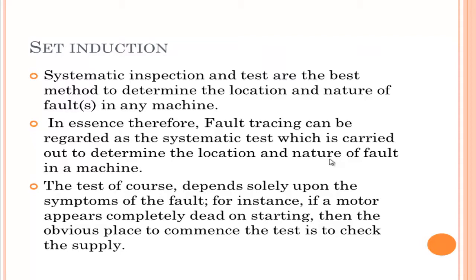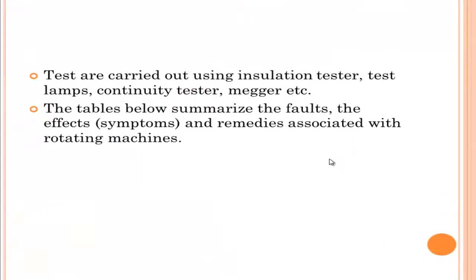The test, of course, depends solely upon the symptoms of the fault. For instance, if a motor appears completely dead on starting, then the obvious place to commence the test is to check the supply. Now, tests are carried out using insulation testers, test lamps, continuity tester, meggers, and so on.